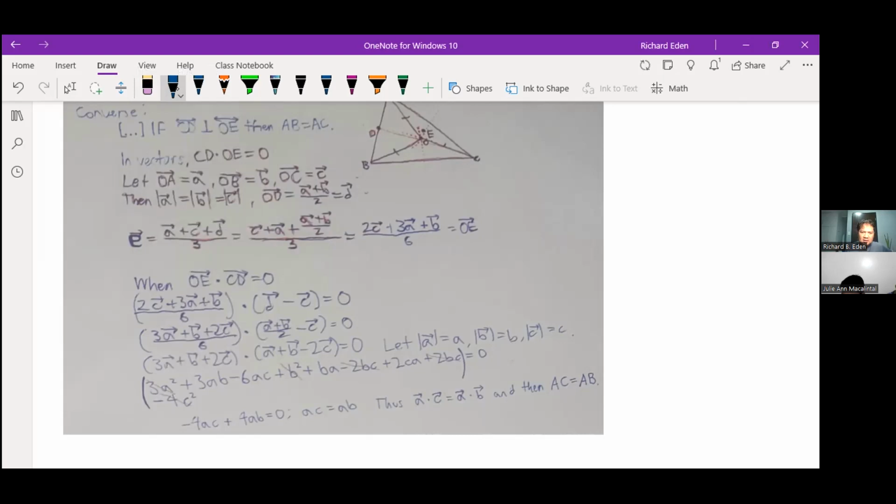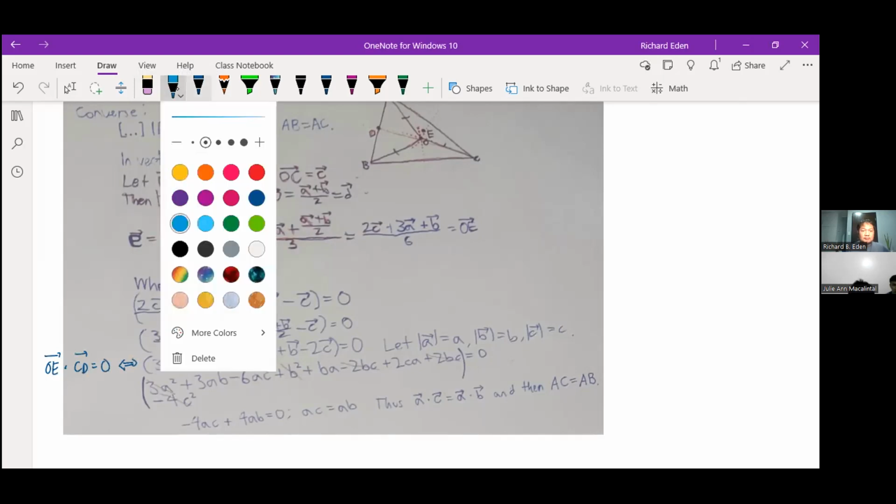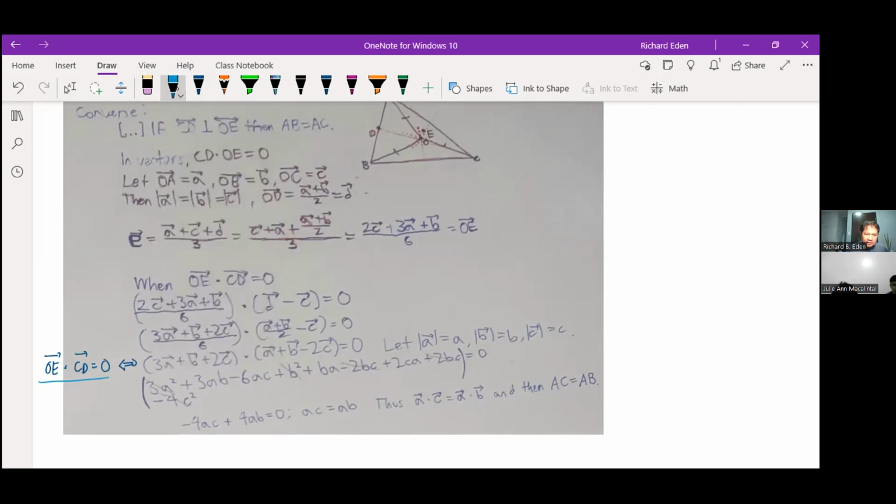Okay, I'm gonna say this part is correct. OE dot CD is equal to 0, equivalent to that dot product being equal to 0. So this part, that's correct. Okay.